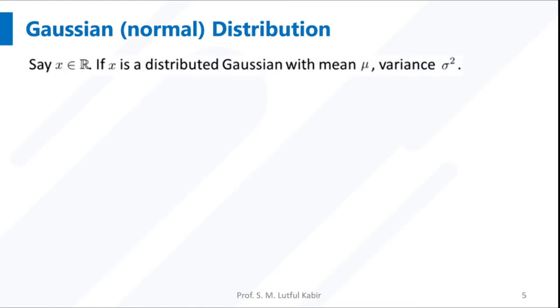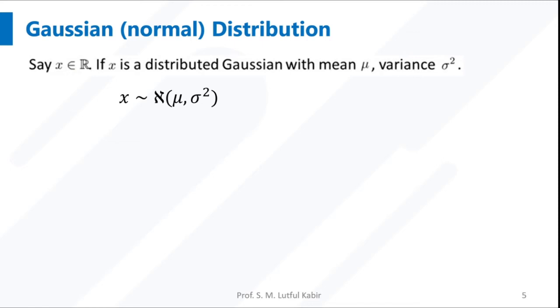So it is defined like this: say x is a real number. If x is distributed Gaussian with mean mu and variance sigma square, so the distribution of the different points x with mean of those points mu and variance of those points sigma square, then this type of distribution is called Gaussian distribution, and the symbol is x tilde N(mu, sigma square).